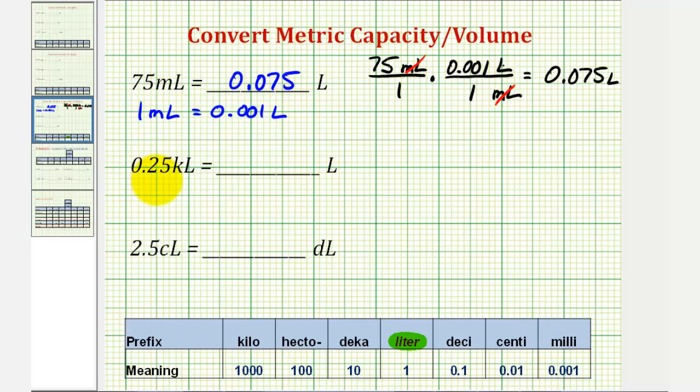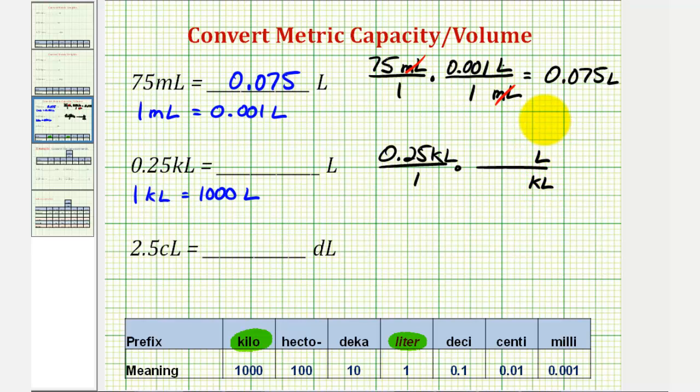Next, we want to convert 0.25 kiloliters to liters. So going back to our table, notice that 1 kiloliter is equal to 1,000 liters. So we'll start with 0.25 kiloliters over 1 and multiply by our unit fraction, where we must have kiloliters in the denominator and liters in the numerator.